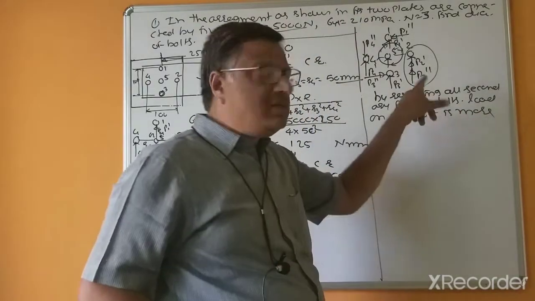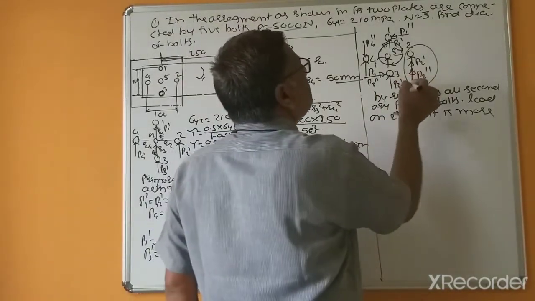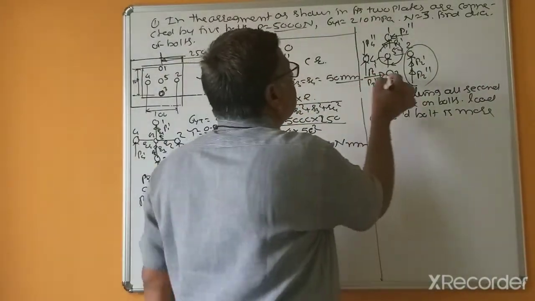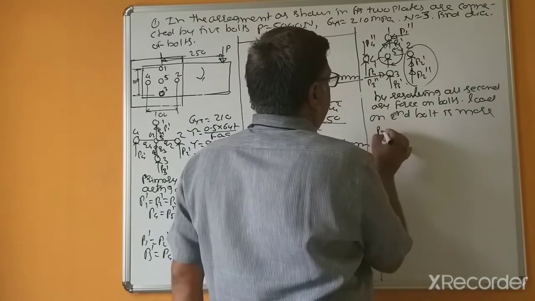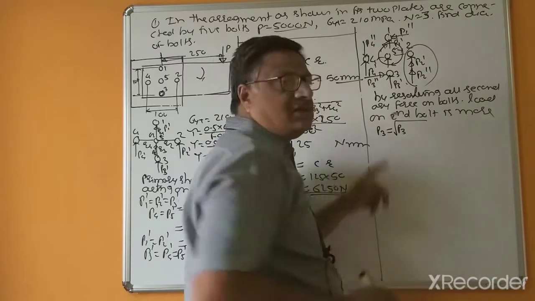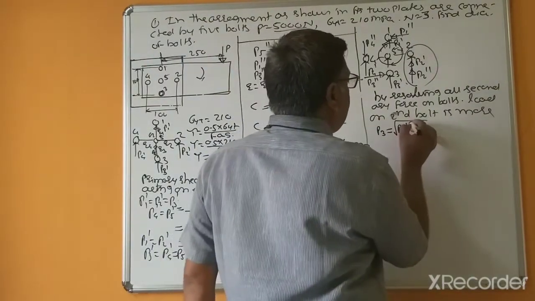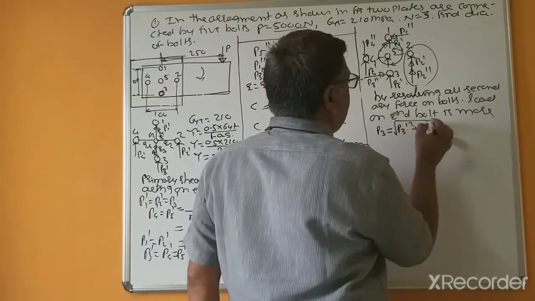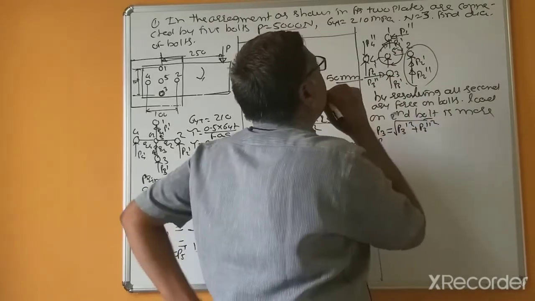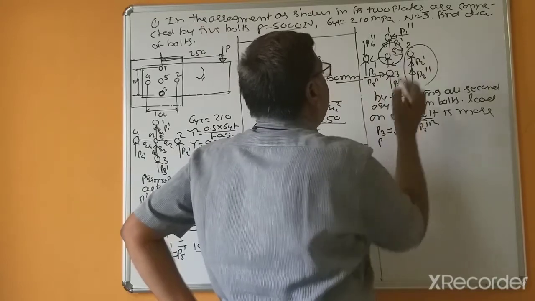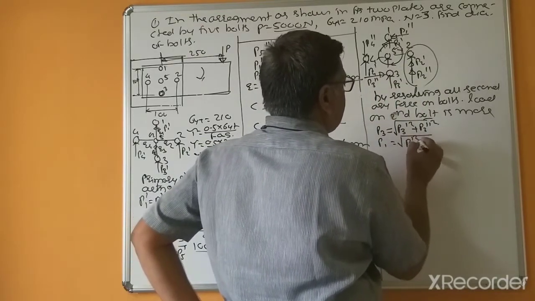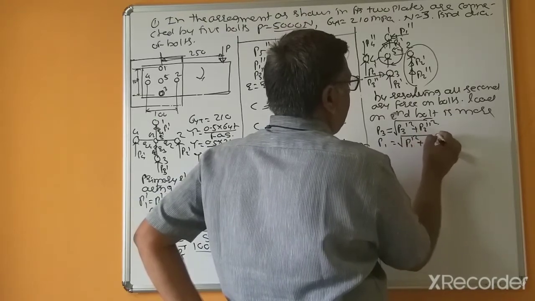Chances of failure of the second bolt are more because this is directly additions. Otherwise we can calculate the resultant, because this is horizontal and vertical: P3 equal to P3 single dash square plus P3 double dash square, and this is for P1 equal to P1 single dash square plus P1 double dash square.